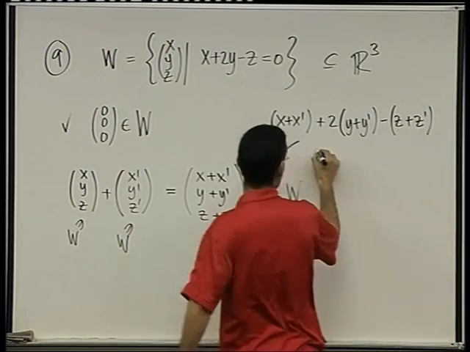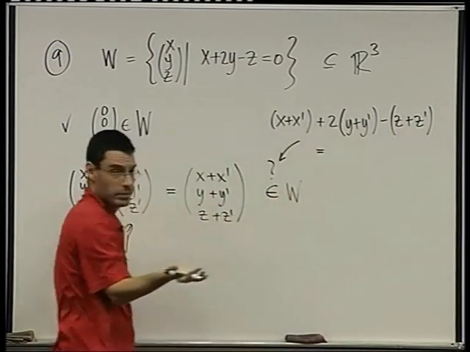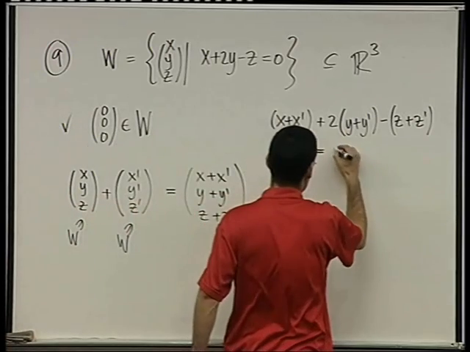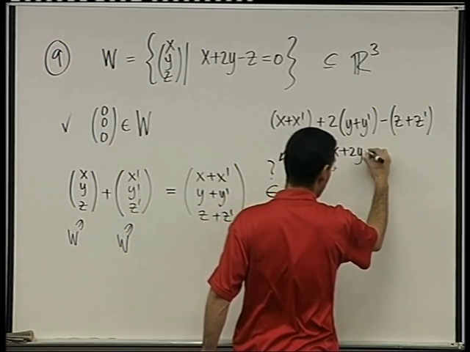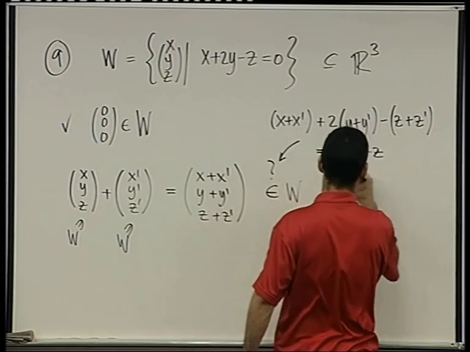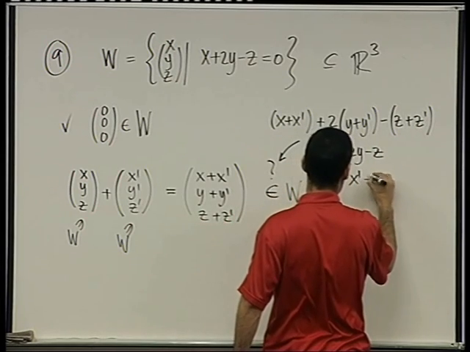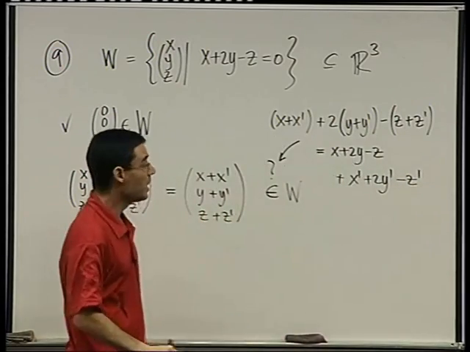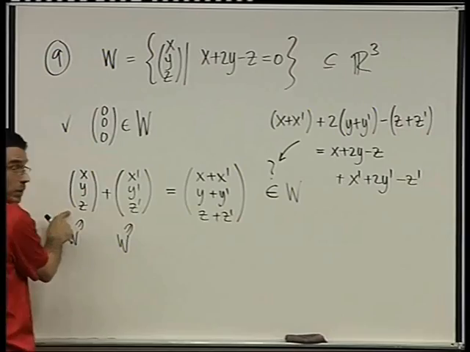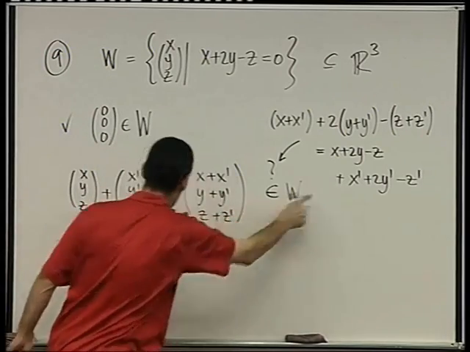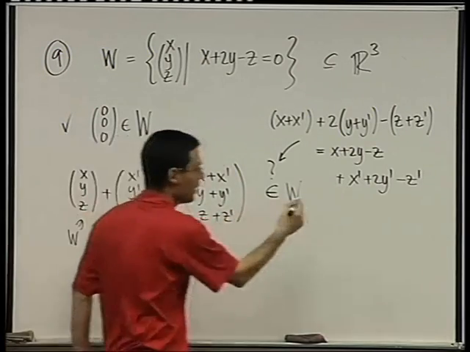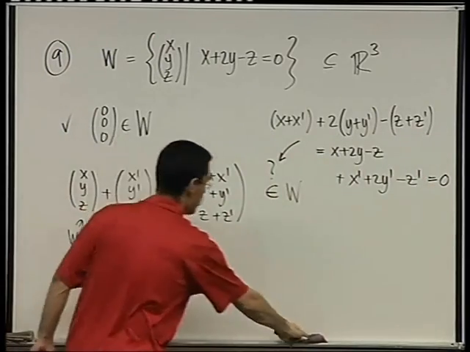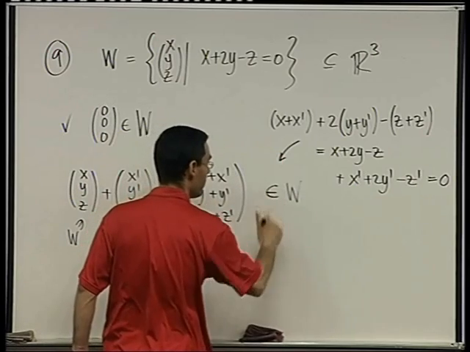And it is 0 because these are now numbers from R. These are elements from the field, right? So we can rewrite this as x plus 2y minus z plus x prime plus 2y prime minus z prime. This is the same thing. This is 0 because this one was in W. This is 0 because this one was in W. And therefore, this whole thing is 0. So we can replace this question mark by yup.